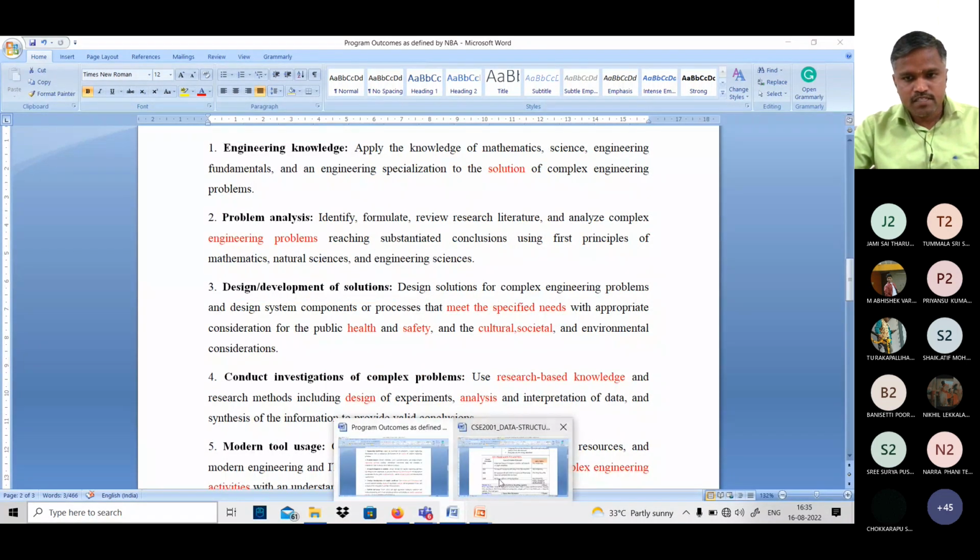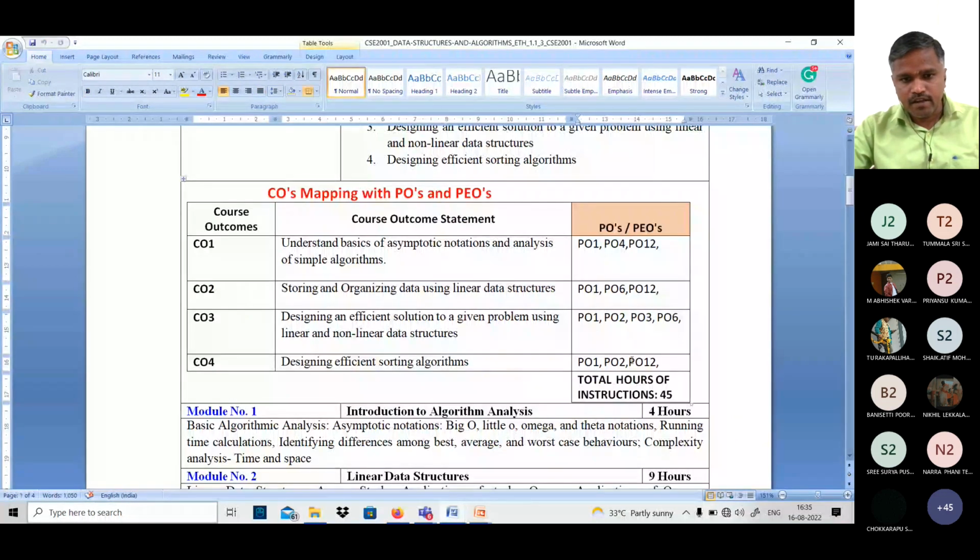So this is related to these three, and PO6, engineering and society. Then the fourth one, designing the sorting algorithms, is also related to engineering knowledge, problem analysis, then lifelong learning. So these four outcomes are mapping to some of the program outcomes.